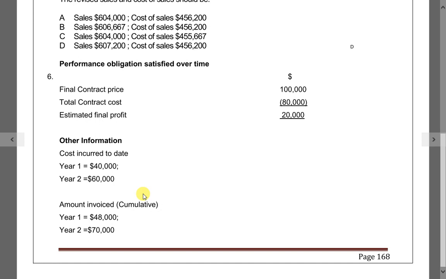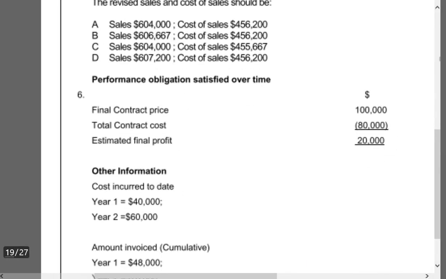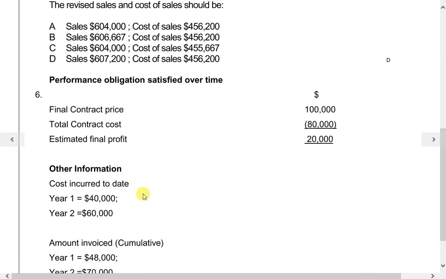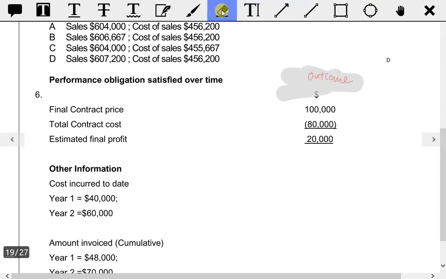So this one, cost incurred to date, we use the cost method. Sorry, this is the contract outcome here.